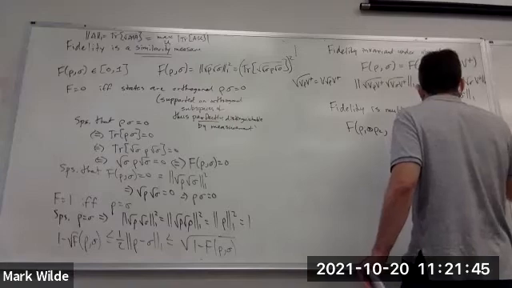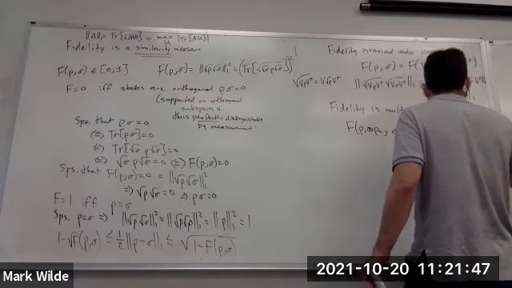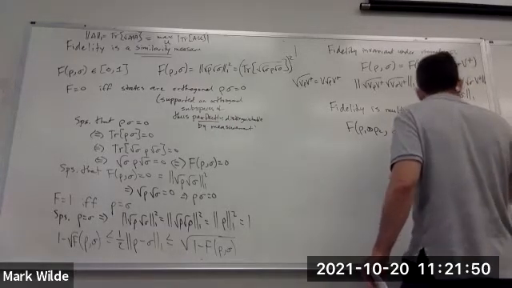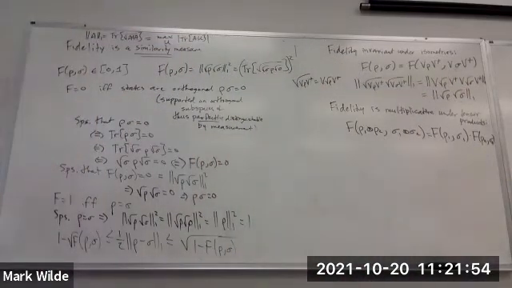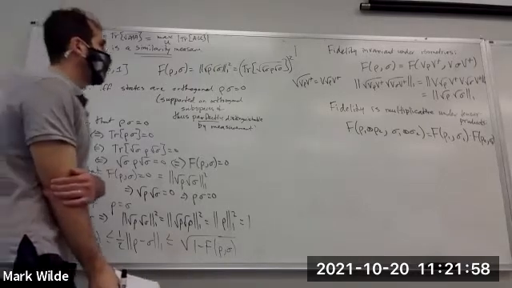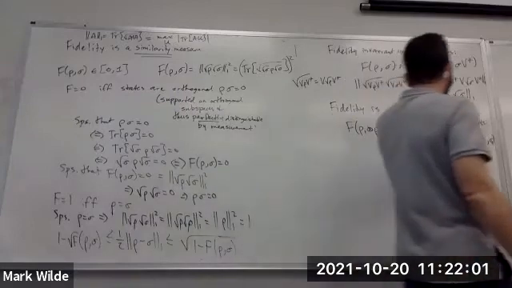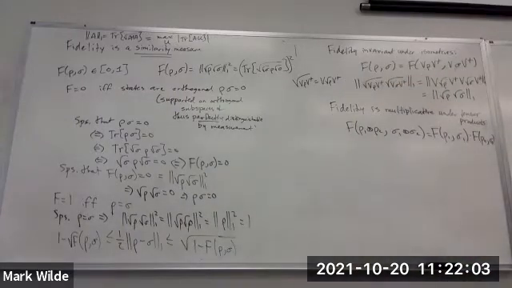To prove that, I think I'll skip this one. You just work with the definition. You have the square root act on a tensor product of matrices, and use the fact that the one norm of the tensor product is the multiplication of the individual one norms.